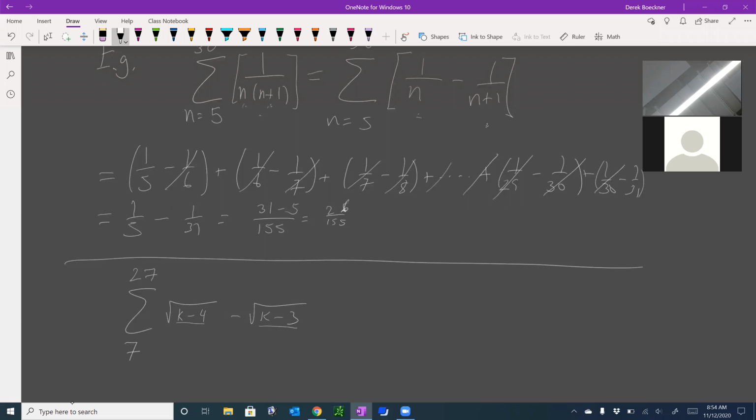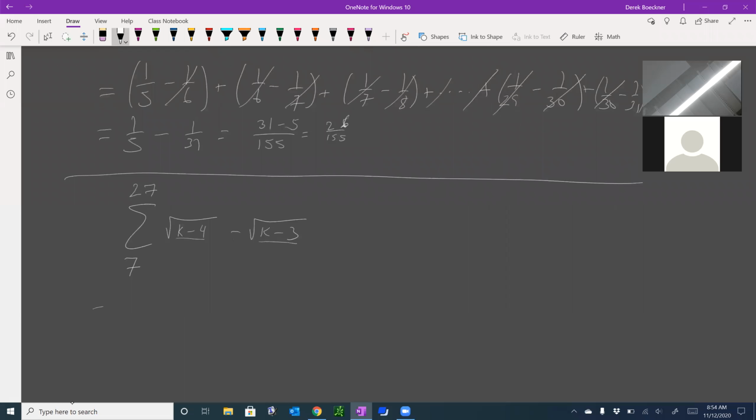They have an opposite sign, but subsequent terms are going to match these guys up, one of them with a plus sign, one of them with a minus sign. So I'm just going to write down the first few terms. I'm going to have the square root of 3 minus the square root of 4 plus the square root of 4 minus the square root of 5 plus the square root of 5 minus the square root of 6 plus dot, dot, dot.